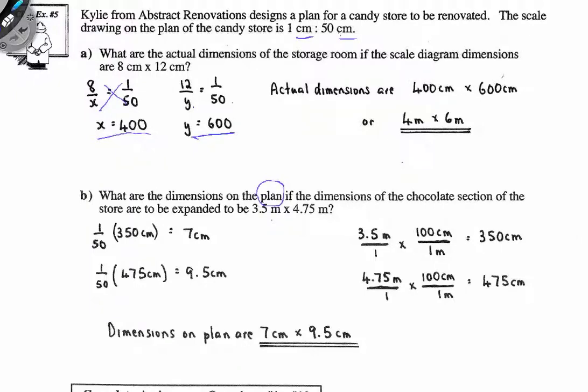We know from above it's 1 to 50. 1 in the drawing is 50 in real life. And we have 3.5 meters in real life. So we can use 3.5 meters or turn it into 350 centimeters, which is probably best because on the drawing we're dealing with centimeters.